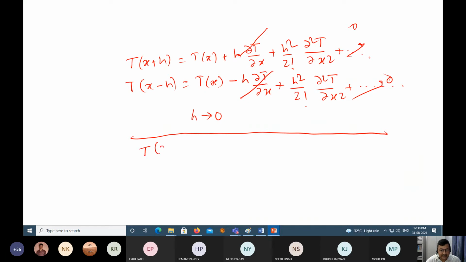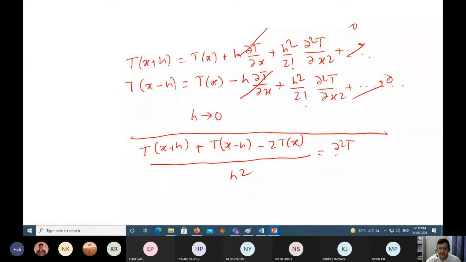Say t x plus h minus t plus tx minus h minus 2tx, divided by h square. H square by h square, 2 adds to h square, is equal to d square t by dx square.